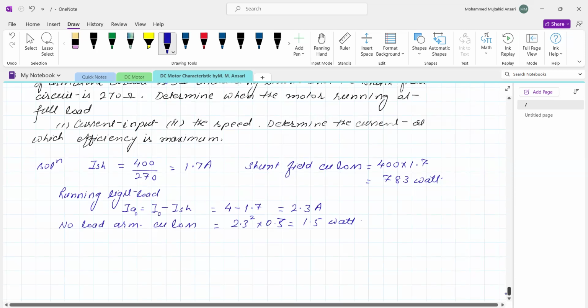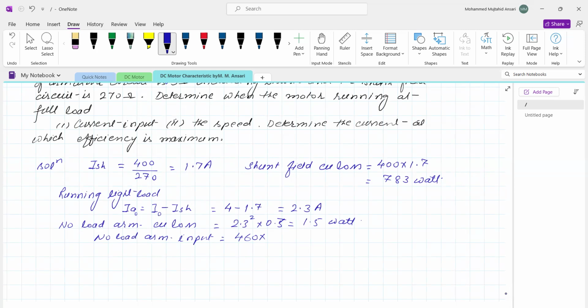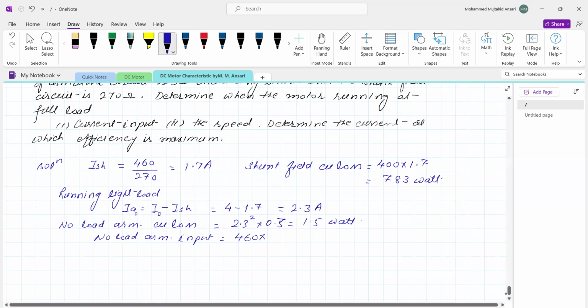So the no load armature input is 460 multiplied by 2.3 ampere.